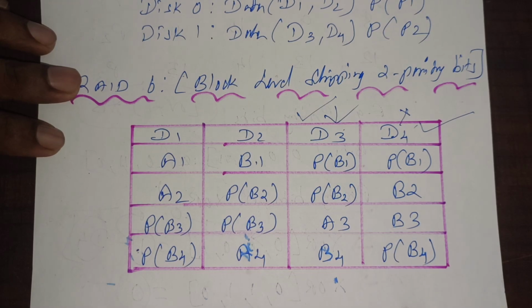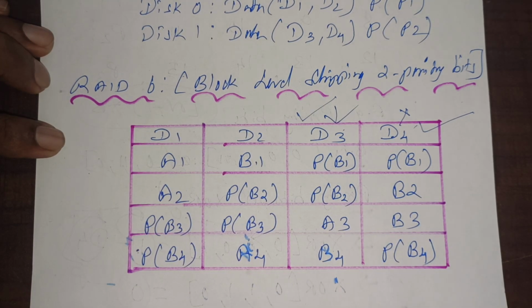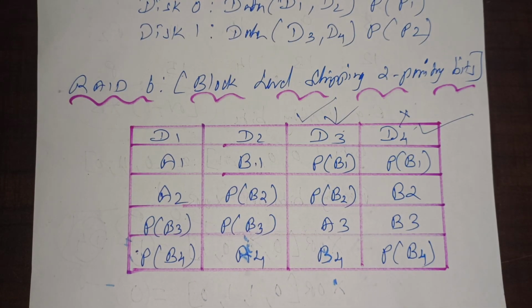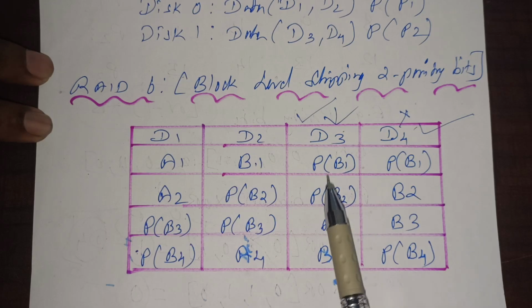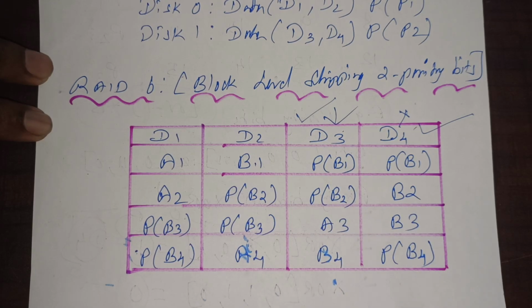That's the point. So this RAID 6 will be used for very, very sensitive data. Say I want to protect my data. I should not lose it in any data crashes. So what I need to do, I need to go for RAID number 6, which has a double processing of checking.